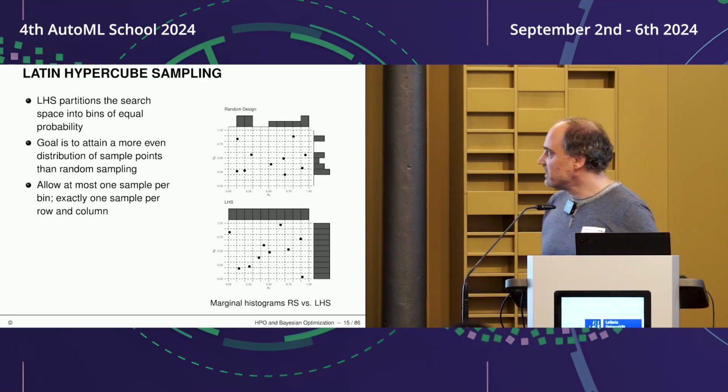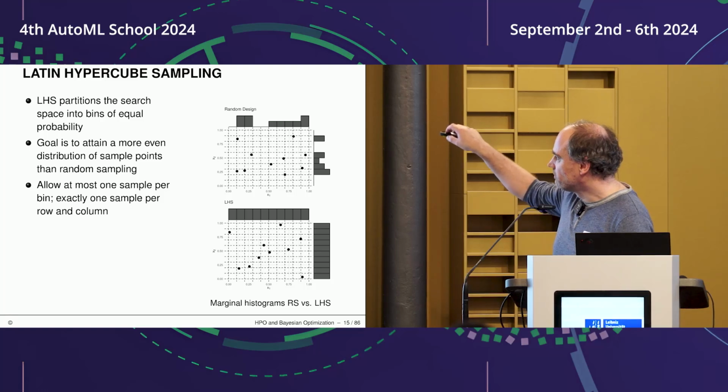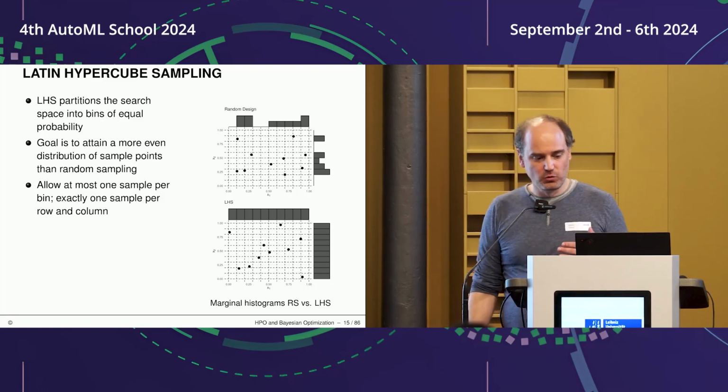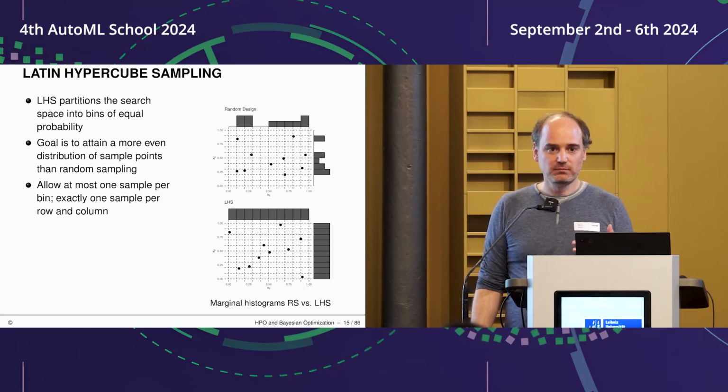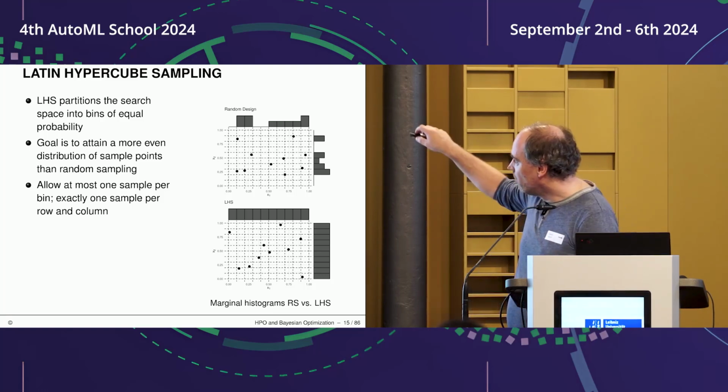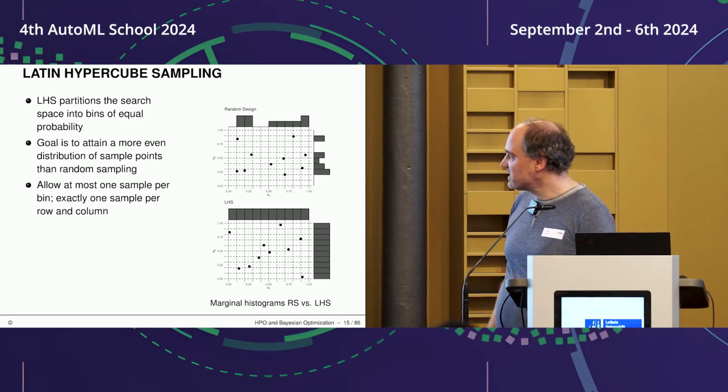But in any case, to at least explain this, if you have never seen this before, so what is Latin hypercube sampling? It's pretty simple. So what you would do is you would partition your space into regular bins. So, I don't know, little rectangles, squares here.